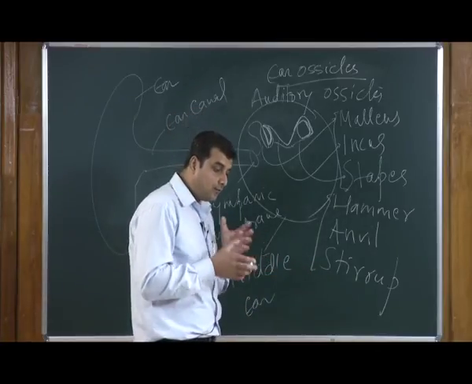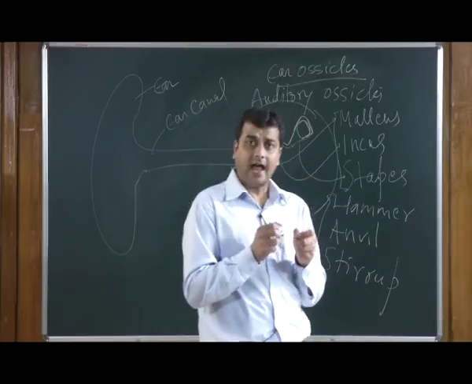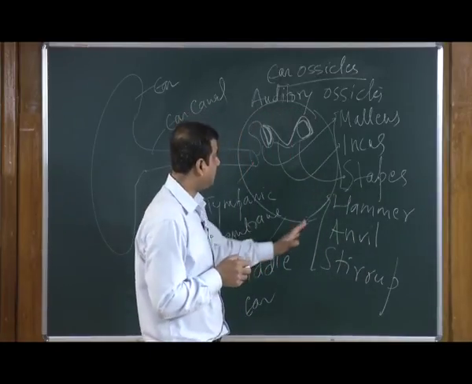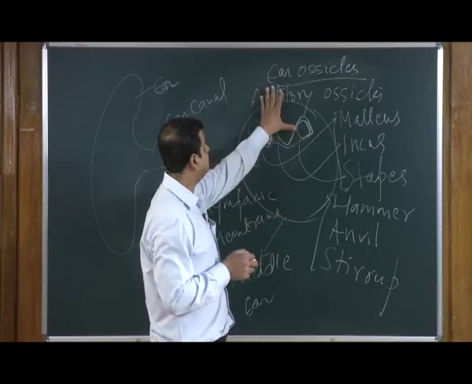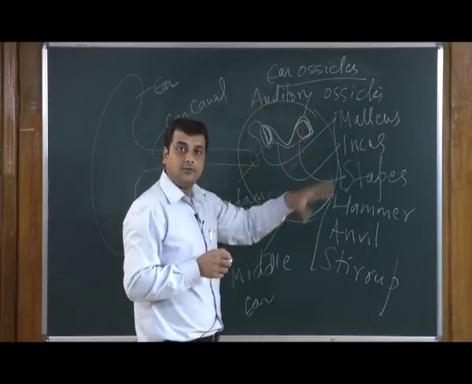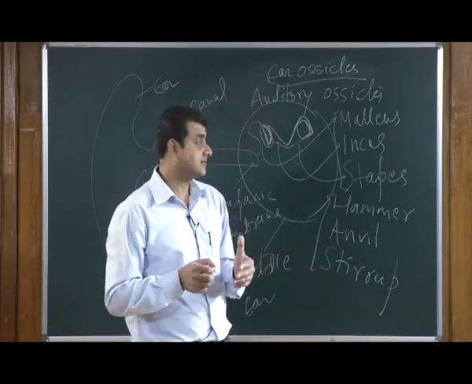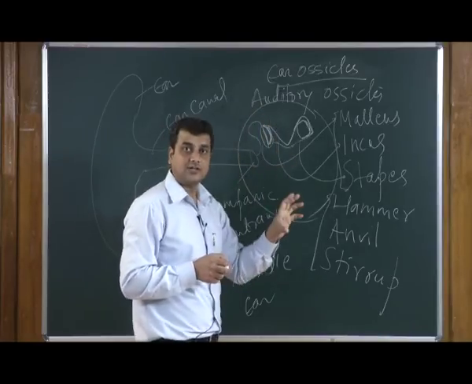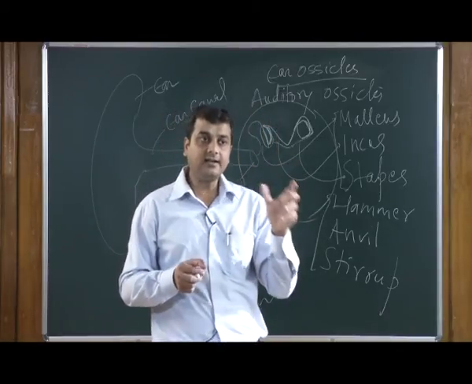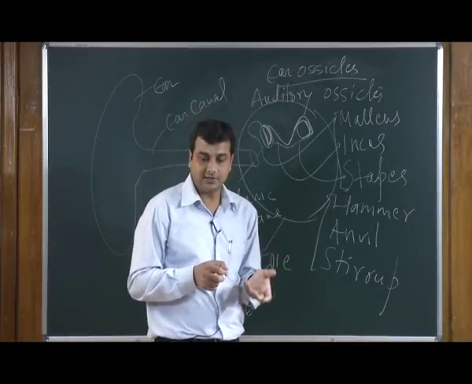These lower animals have certain modifications, and this is one such area where the evolutionary aspect of humans is greatly discussed. So, ear ossicles are the bony structures which are greatly studied to understand the human evolutionary aspect.